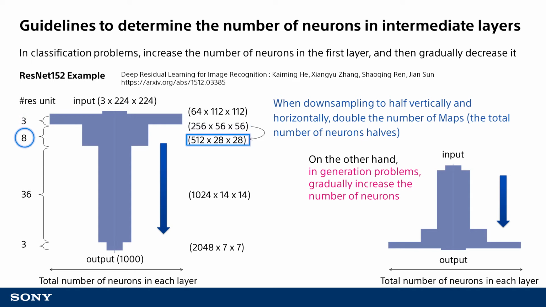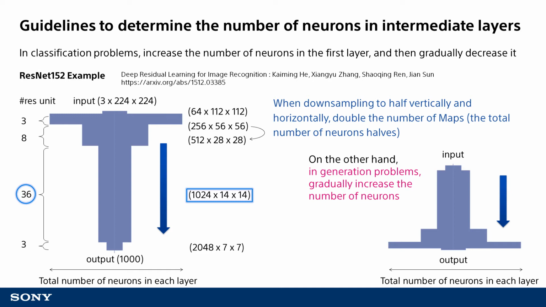Then the images are downsampled to half of their size. They become 28 pixels by 28 pixels in size, and the number of images doubled to 512. In this state, we have a convolutional neural network with 8 units and a total of 24 layers. The images are then downsampled again to 14 pixels by 14 pixels, and there are 1,024 images.